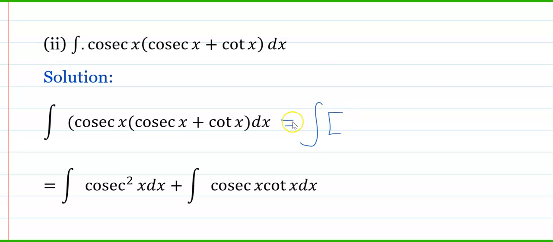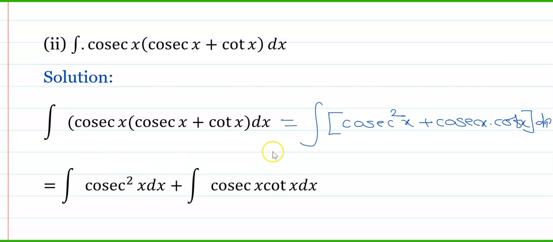Therefore, there is a multiplication: cosec x into cosec x gives cosec square x, plus cosec x into cot x, bracket complete, dx.